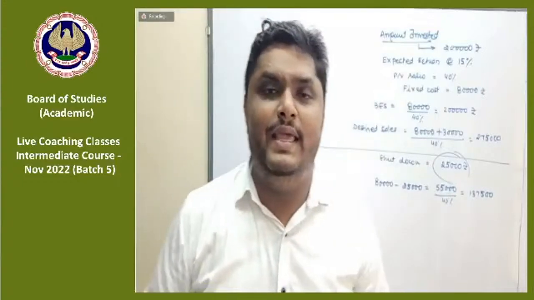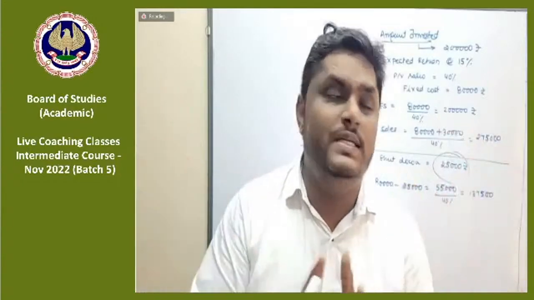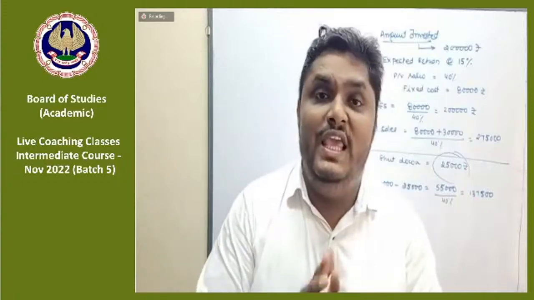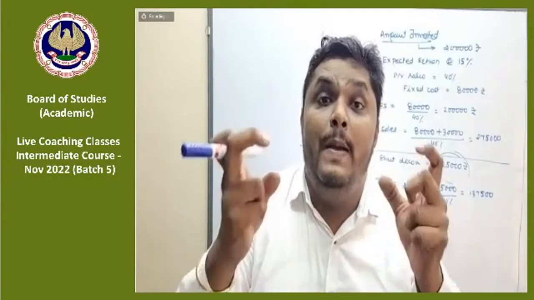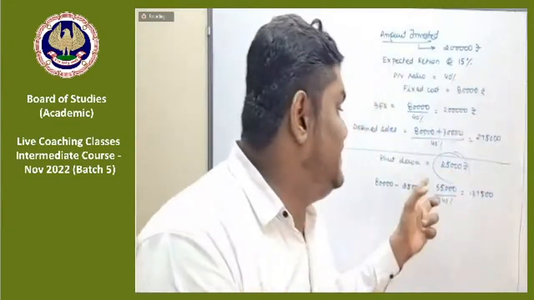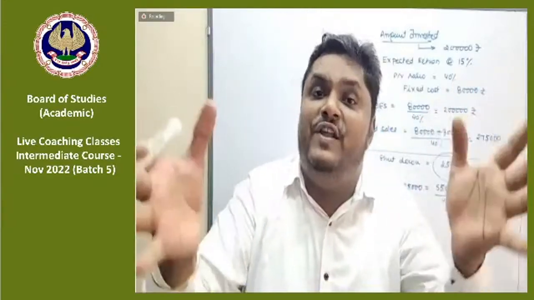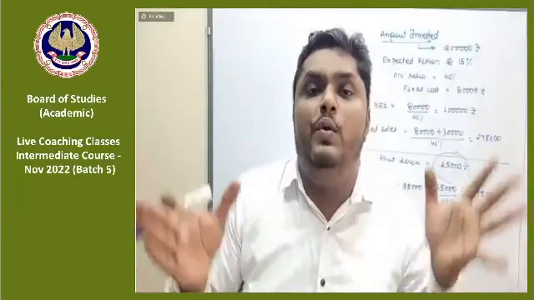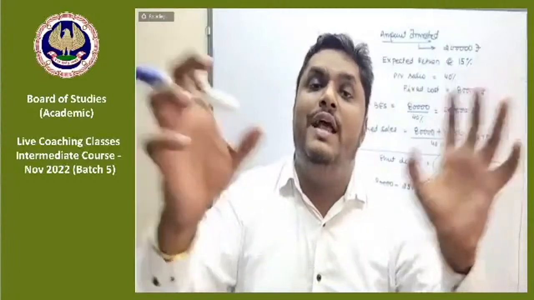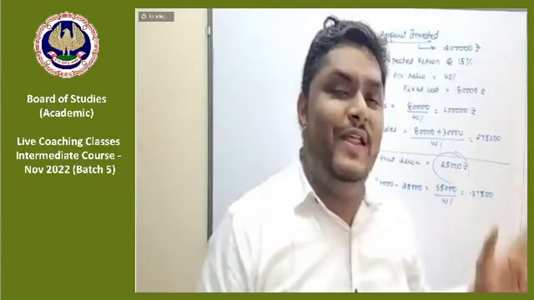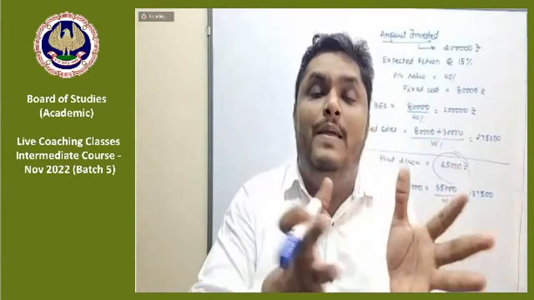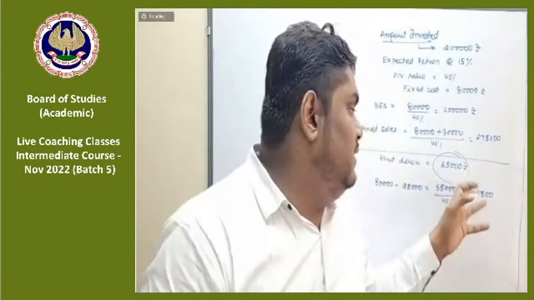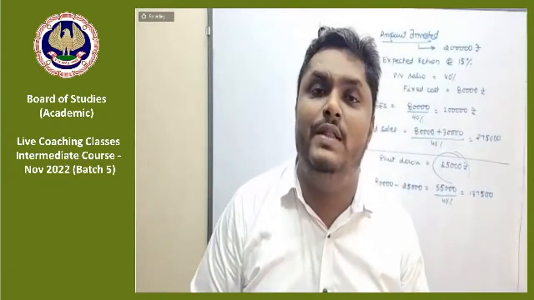I repeat again, very simple, 80,000 is our fixed cost. Even if we shut down the business, 25,000 fixed cost will be incurred anyway. It means, because of continuing the business, how much extra cost is there? 55,000. If we are able to recover that much also, then we are indifferent. So for recovering 55,000 rupees, that is the avoidable cost, we need a sale of 137,500.